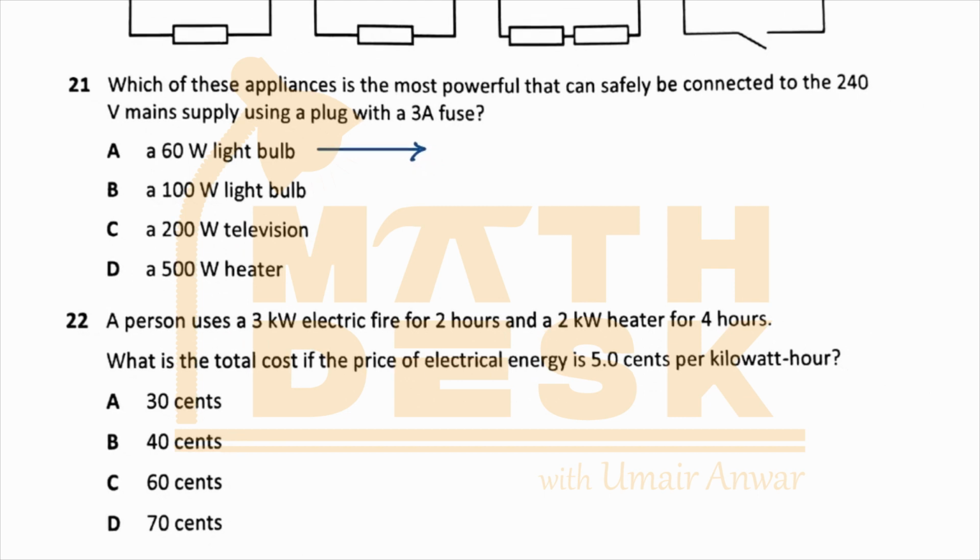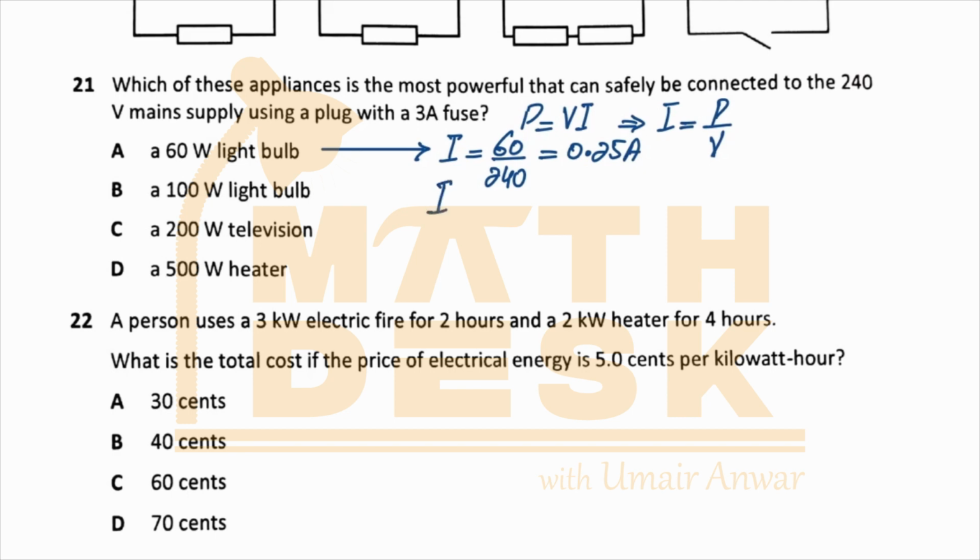If we try to find the current for all these appliances, we would be using the relation that power is equal to the product of voltage and the current, and the current would be found when we divide the power by the voltage. So current for the 60-watt light bulb would be 60 divided by 240, and it is 0.25 amperes.